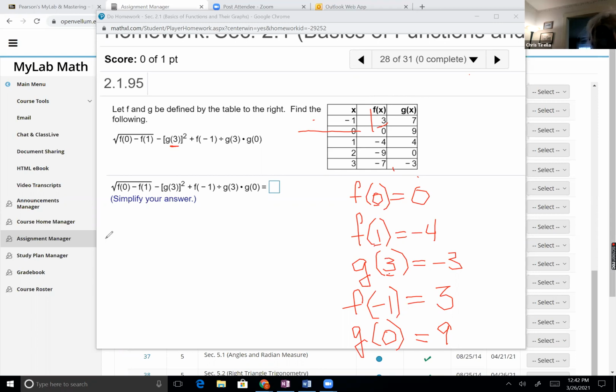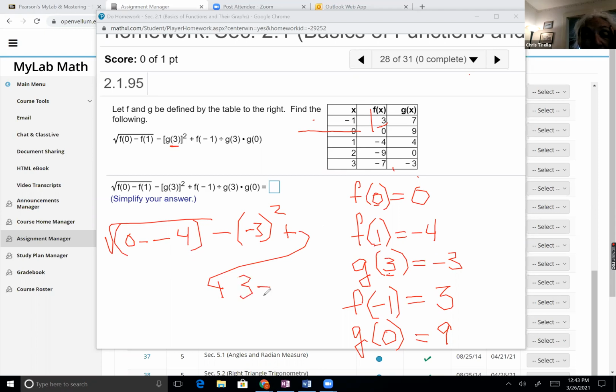And so now I'm going to take the square root of F of 0 is 0 minus F of 1 is -4 minus G of 3 is -3 squared plus F of -1 is 3 divided by G of 3 is -3 times G of 0 is 9.